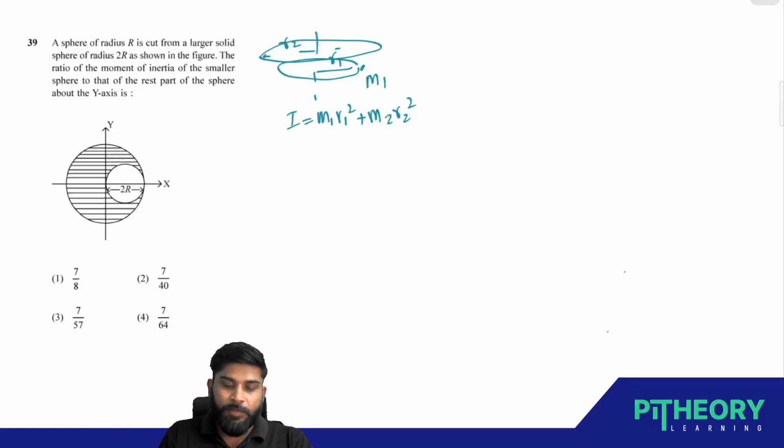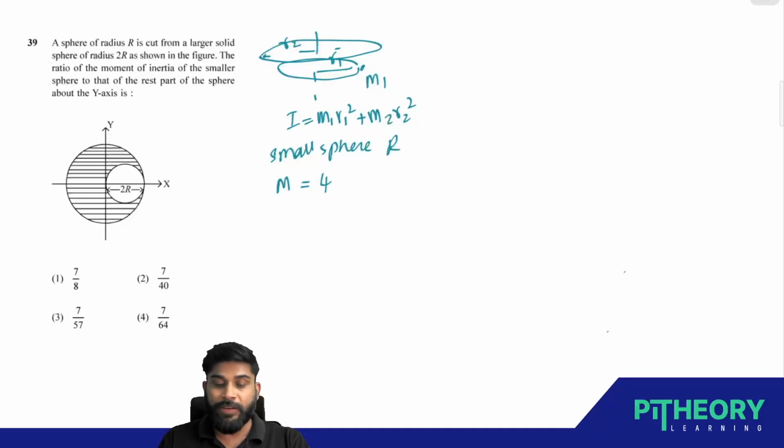The small sphere has radius capital R. First we need a relationship between the masses of the smaller sphere and the bigger sphere. For the smaller sphere, with mass m, mass is volume into density, so m equals 4 by 3 pi r cube into density rho.